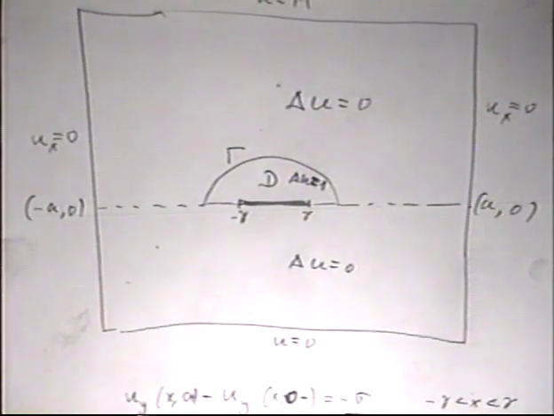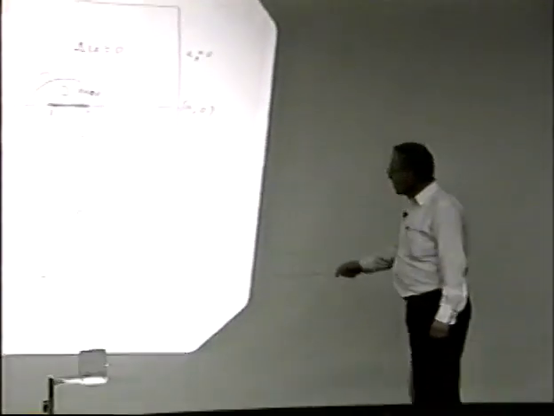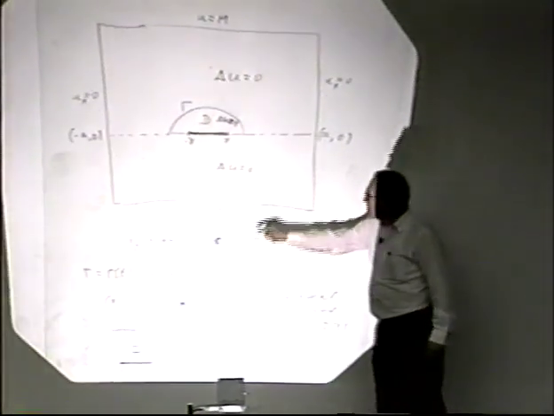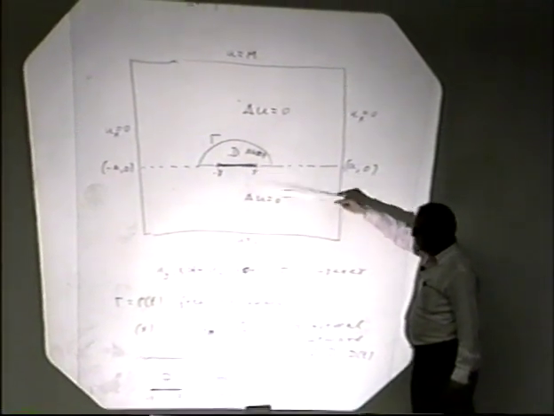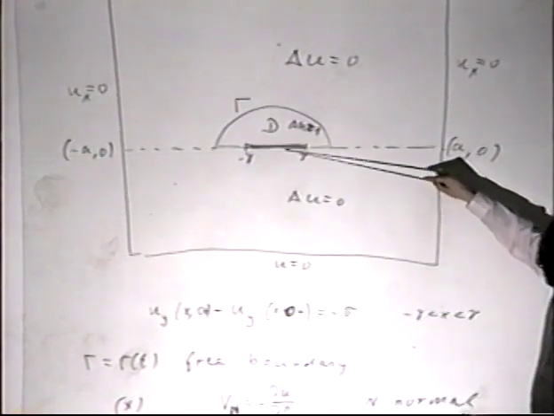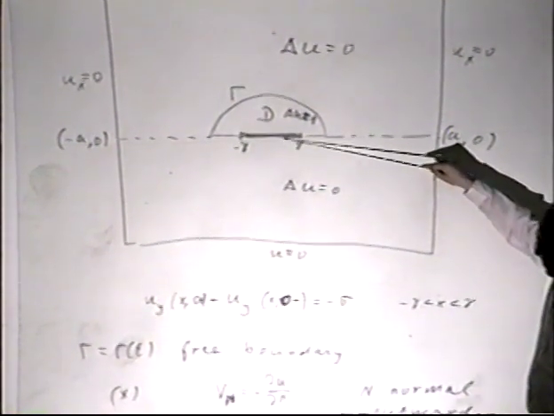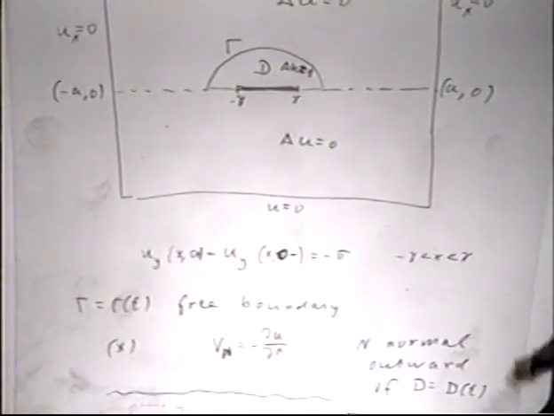Boundary layer of a charge means a jump in the electric field, or a jump in the y derivative. So the function u along this line has a jump. The y derivative, if you come from above, minus the derivative if you come from below, the difference is a constant minus sigma on this interval.